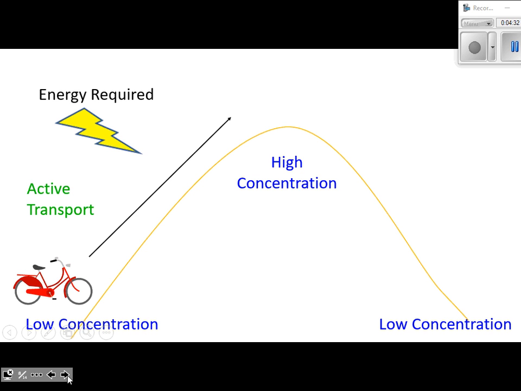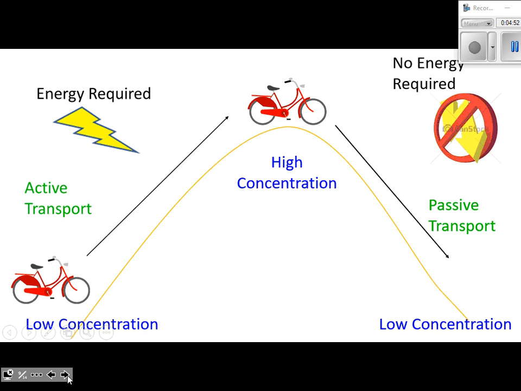Active transport. Active transport. So as we look at the whole picture, based on our bicycle diagram, you should have a diagram that looks like this, drawn in your interactive notebook.